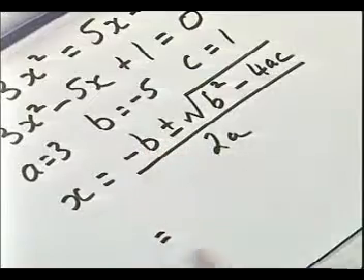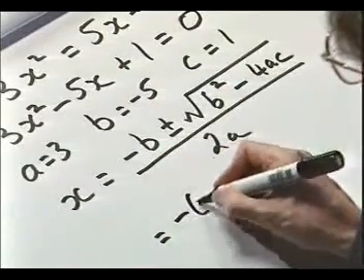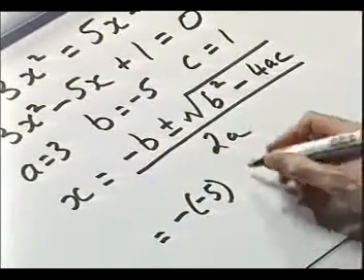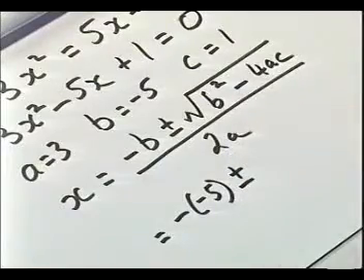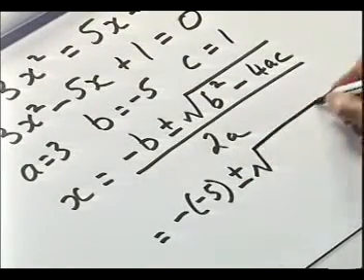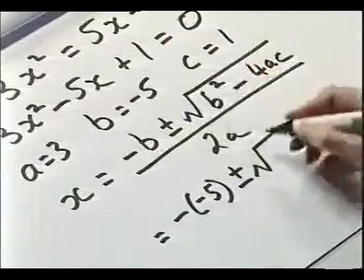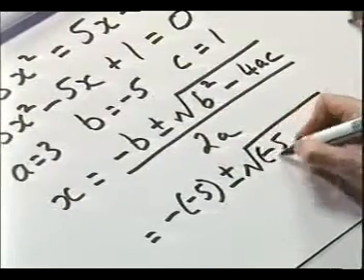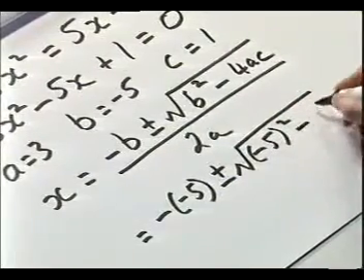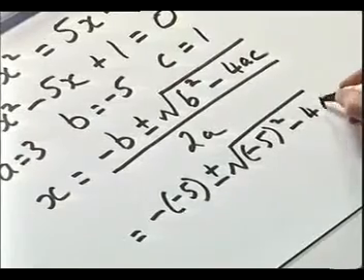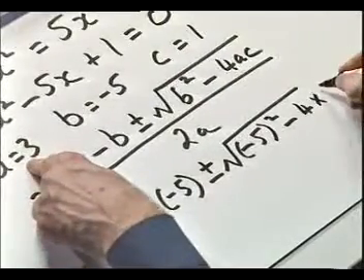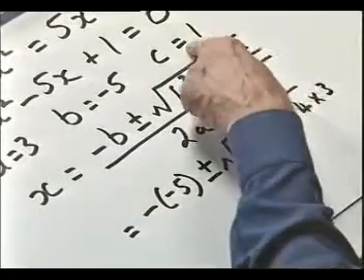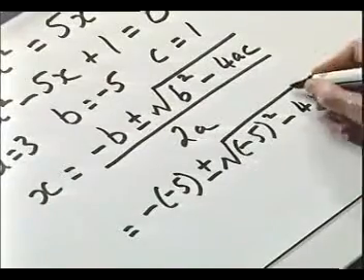We want minus b, so this is minus minus 5 plus or minus the square root of b squared, so that's minus 5 all squared, minus 4 times a, which is 3, times c, which is 1.